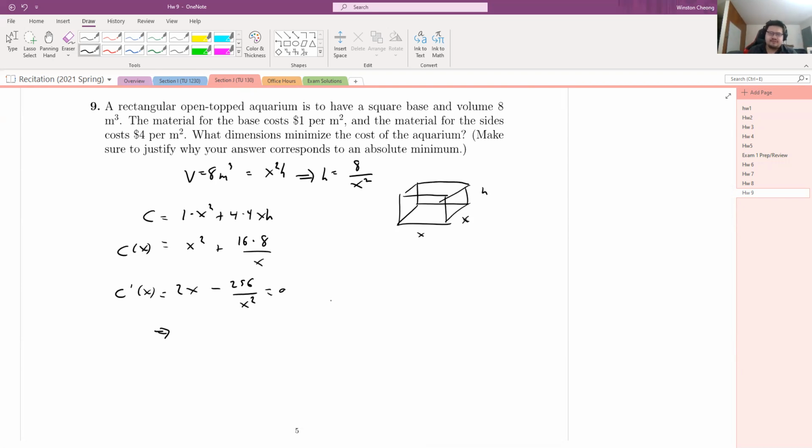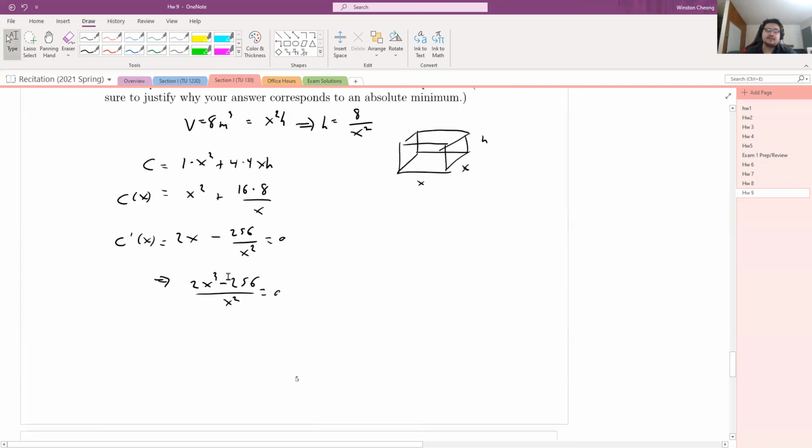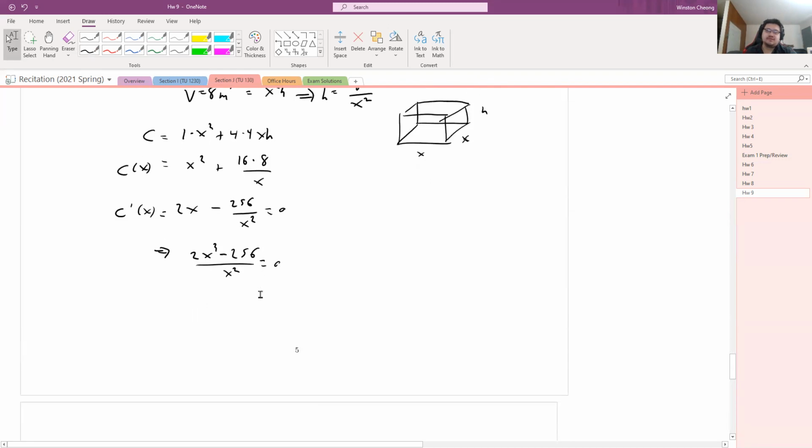For this problem, it doesn't matter so much, but there are certain problems where it would. So I'm going to show you the other technique, which is to combine this into one fraction: 2x cubed minus 256 over x squared is equal to 0. Then you reason about this function from here. It's easier to see that x equals 0 corresponds to the derivative being undefined. It's a critical point in that sense.